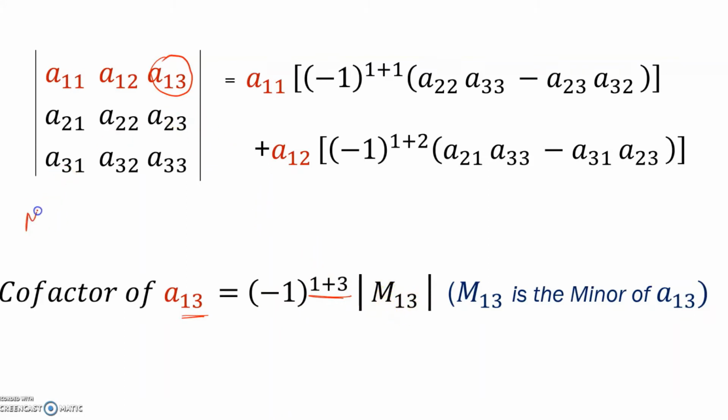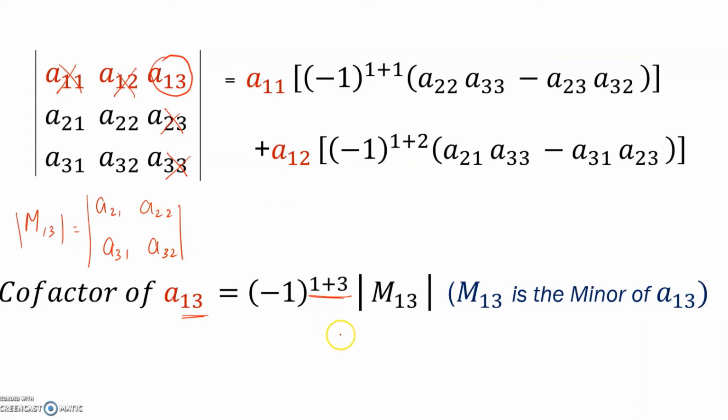Eliminating the items in the same row and the same column, you are left with A21, A22, A31, and A32.